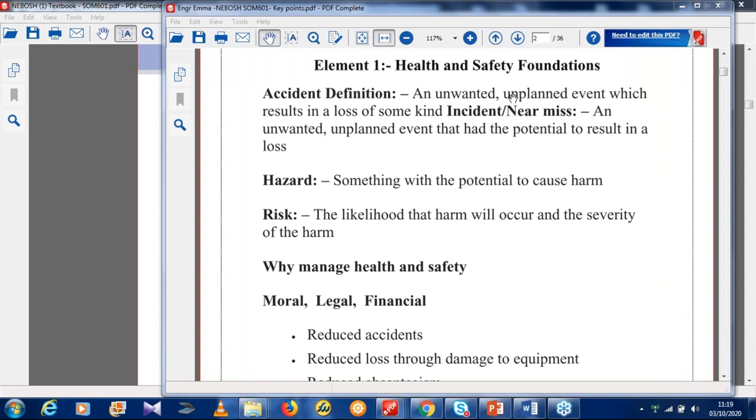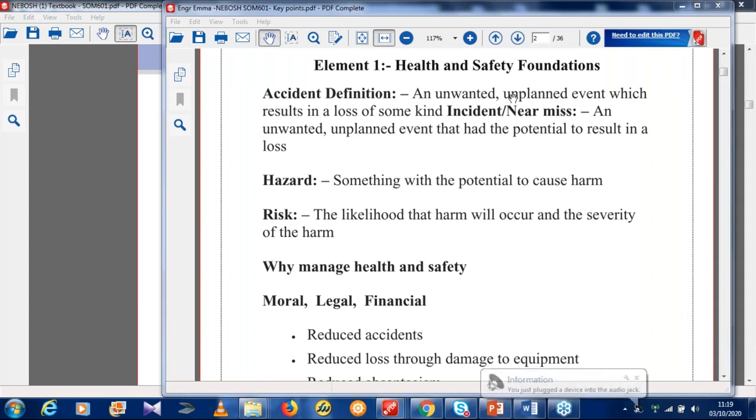That's the first thing we must know before we start talking about all these definitions. Please listen attentively. What do I mean by multidisciplinary? It means that a lot of different disciplines come together and are involved in health and safety.